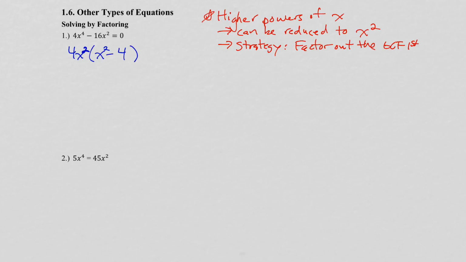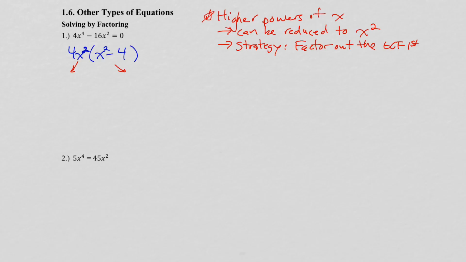Now you could factor x squared minus 4 into another two factors there, but it's not necessary to do that unless you want to. But I'm just going to go ahead and use the technique that we talked about, which would be to isolate the x.